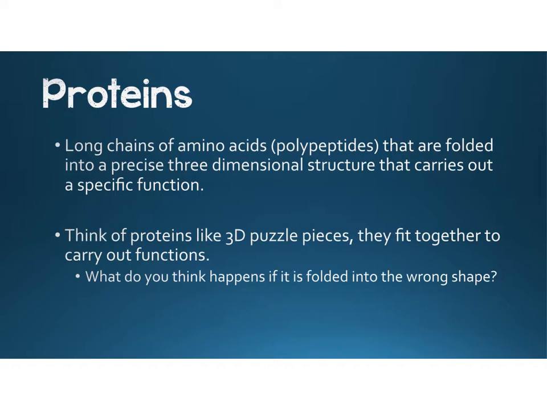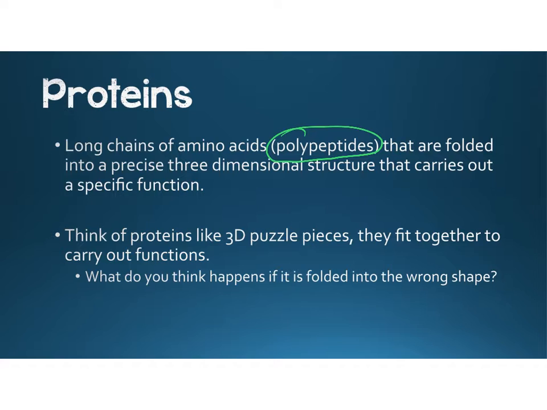So again, we take these long chains of amino acids, these polypeptides, and we fold them into precise 3D structures that carry out functions. You can think of these like 3D puzzle pieces. In your body, your proteins have to have a specific shape so that they can fit together to carry out these functions. If the protein has the wrong folded ball shape, it's not going to do the proper job that it needs to do.